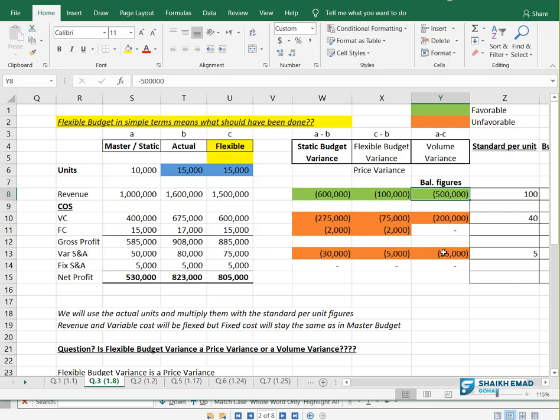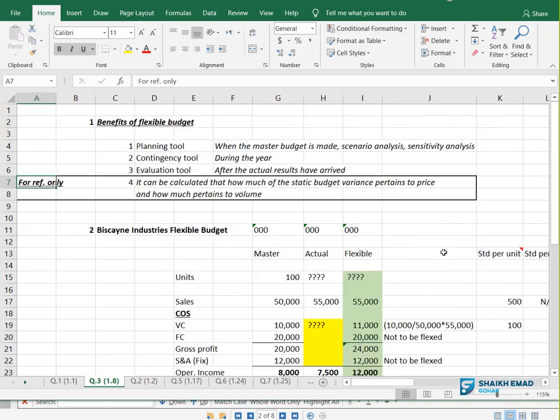Getting the story, everyone? This is an advantage of the flexible budget, which I wrote here for reference only: it can be calculated how much of the static budget variance pertains to price and how much pertains to volume.